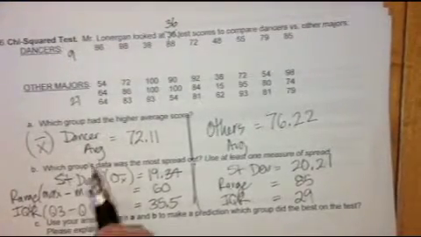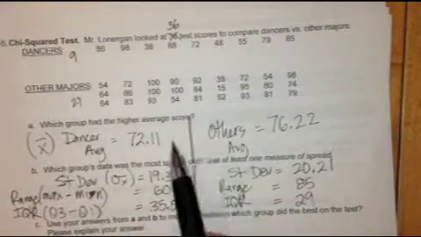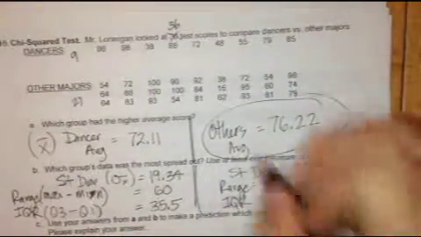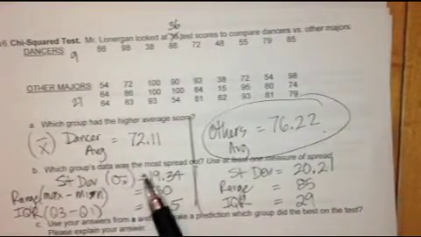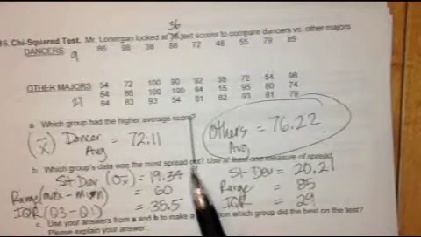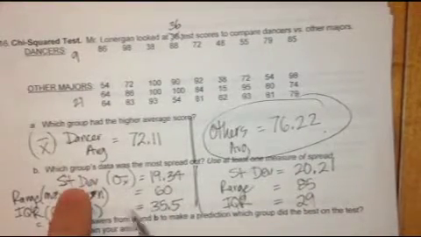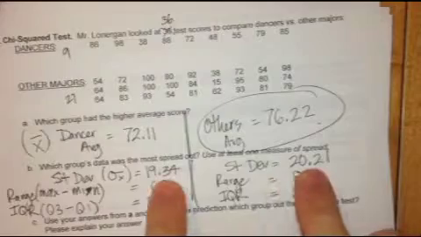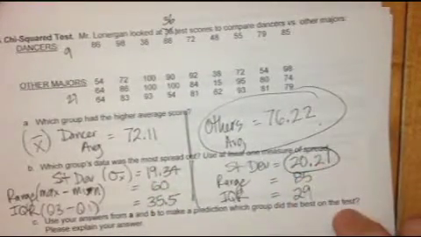So, which group had the higher average score? We need to make sure we've answered the question. The others had the higher average score. Which group's data was the most spread out? Well, bigger the number means most spread out. So if we're talking about standard deviation, the others were the most spread out.